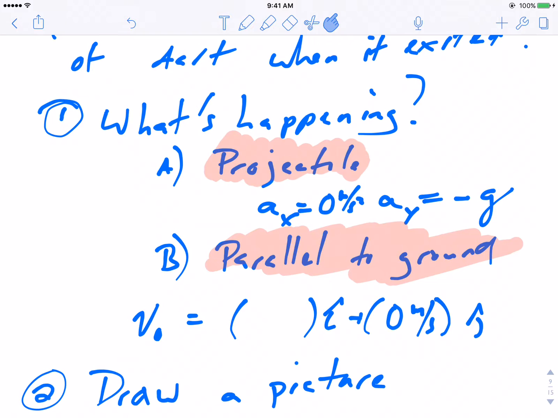So our y-axis initial velocity is 0 meters per second because we are not shooting the dart up and we are not shooting the dart down at all initially. If you want to think about this another way, if we fired this dart in this situation but there was no gravity, the dart would just continue to move along the x-axis. So that's where we're getting that initial velocity on the y-axis equal to 0.